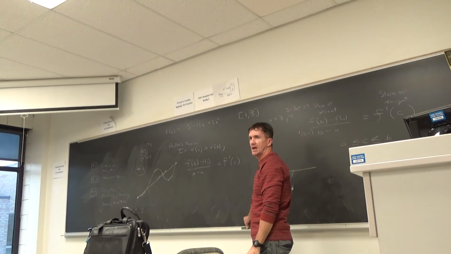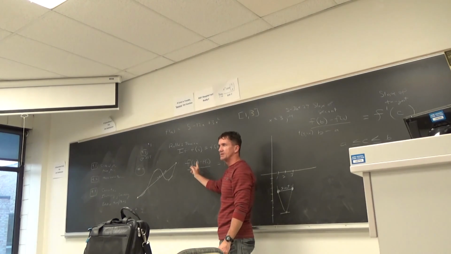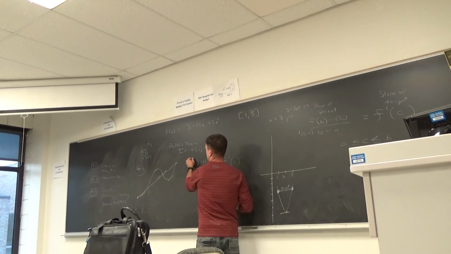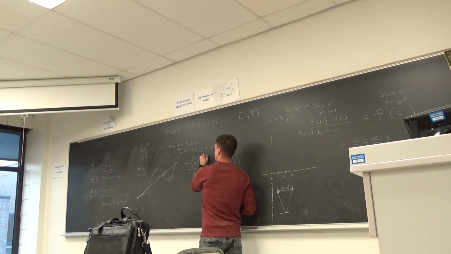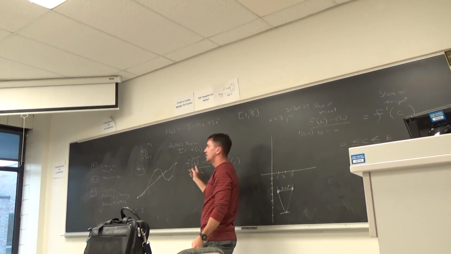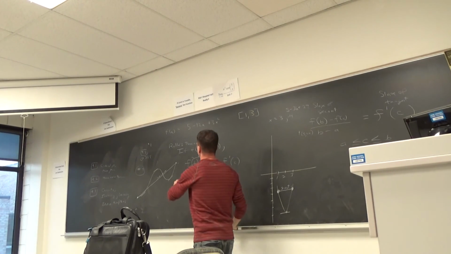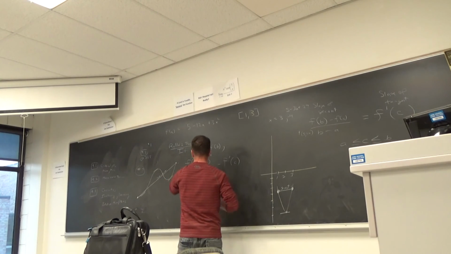What's f prime of c going to have to equal every time? 0. Because if these two numbers are the same, everyone, look, f of b minus f of a, they're the same numbers. This number here will turn into what? 0.